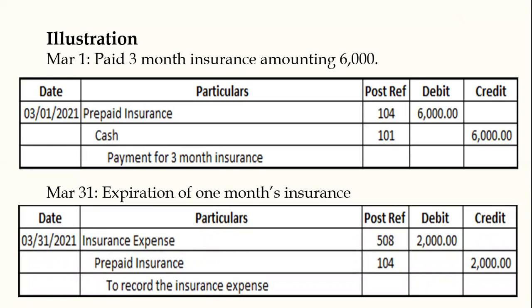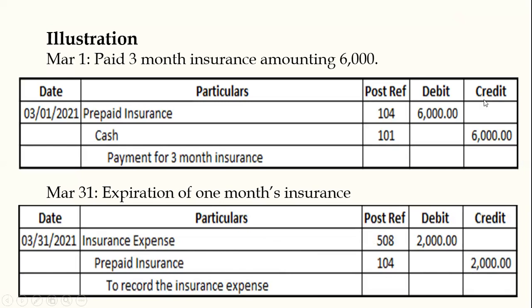So yung 6,000 na ibinayad mo nung March 1, that is good for 3 months. So every month you need to recognize a 2,000 expense. Why? So 6,000 divided by 3 is 2,000. So noong March 31, nagkaroon ka na ng expense na 2,000, kaya nagkaroon ka ng debit na 2,000. And then, nabawasan ang iyong prepaid insurance ng 2,000, kaya mayroon kang credit na 2,000.